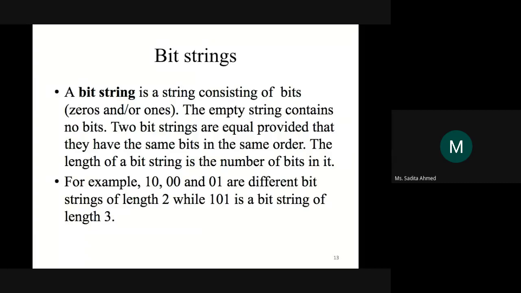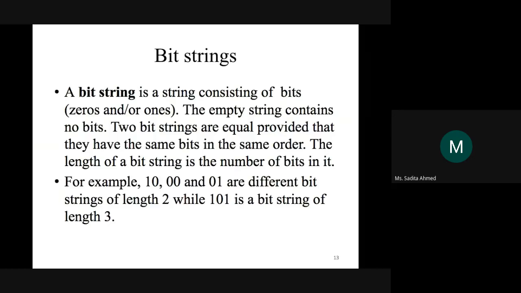Each of those 4 combinations are bit strings, and each of them are different from each other: 0, 0, 0, 1, 1, 0, 1, 1. None of them are equivalent. 1, 0 and 0, 1, even though they have the same bits, are not equivalent to each other. Why is that?